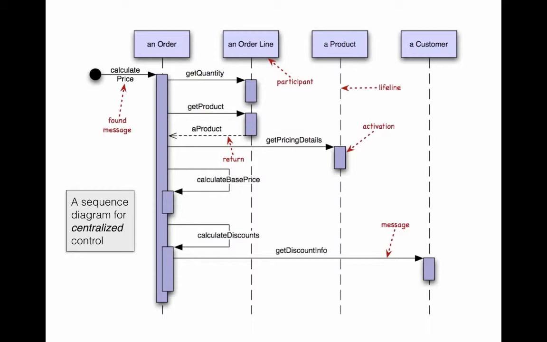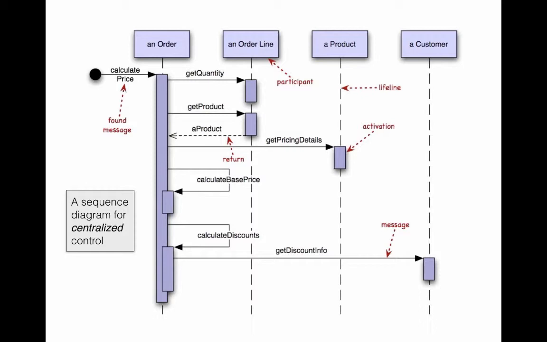Okay, the reason the arrow is pointing to the order object is because that's where the method is. So the order class will have a method called calculate price, but it'll also have a method called calculate base price. So most likely the method calculate base price is a helper method that has private access so that only methods within the order object can call it.